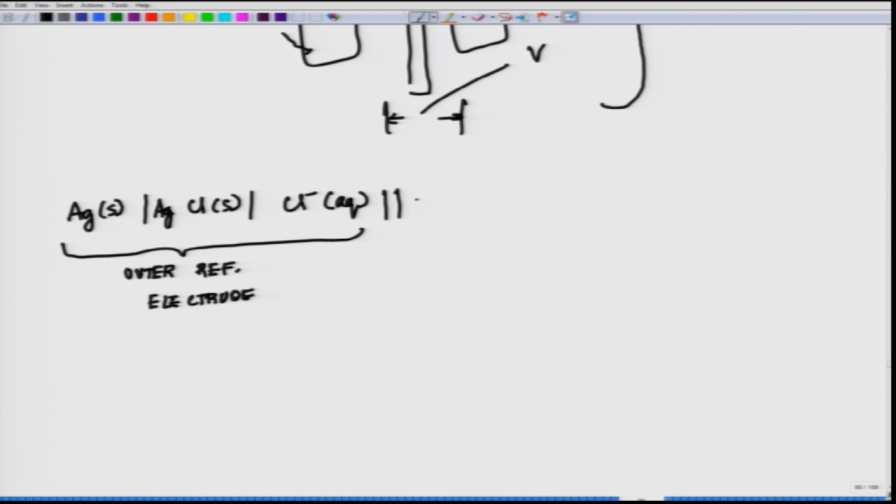Now, with H plus aqueous outside, you have the glass membrane selectively bound to H plus, outside the glass electrode.